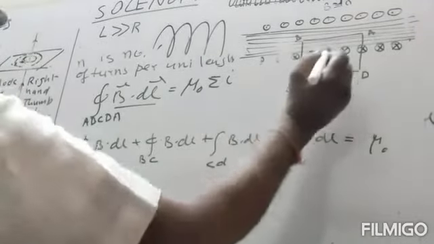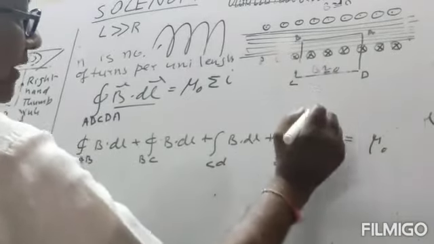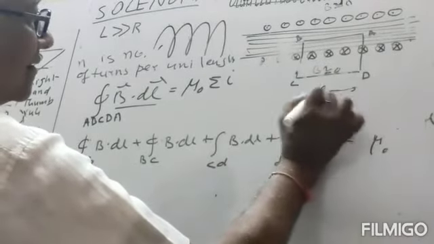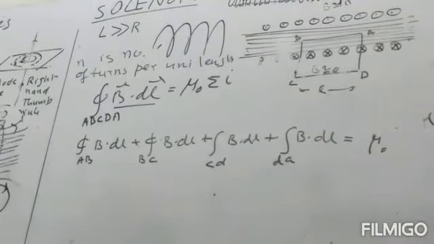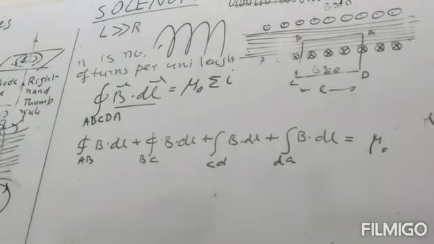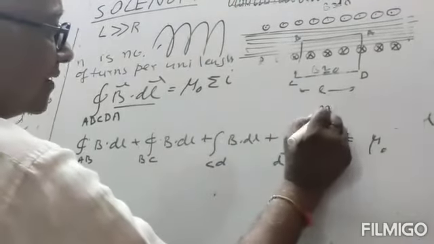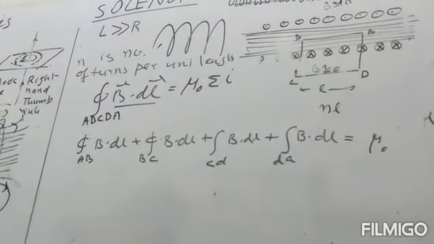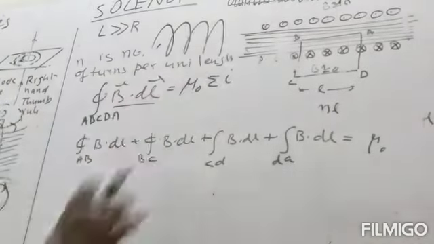Now if the length of AB is small l, then the number of turns will be equal to n into l. This will be the total number of turns in the length AB.